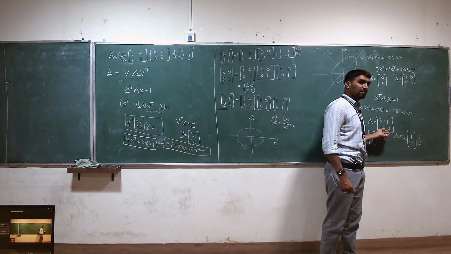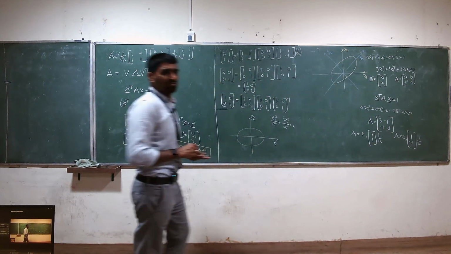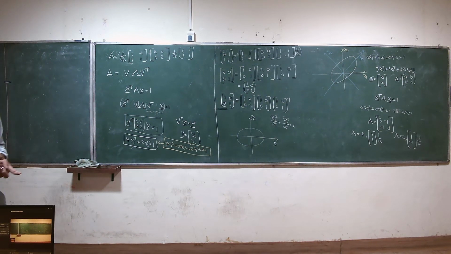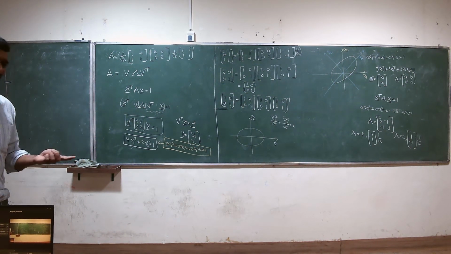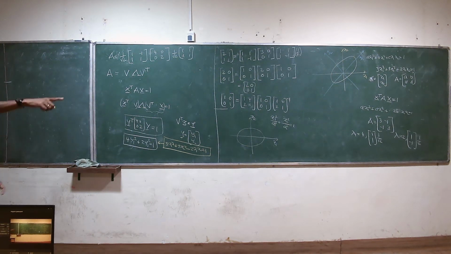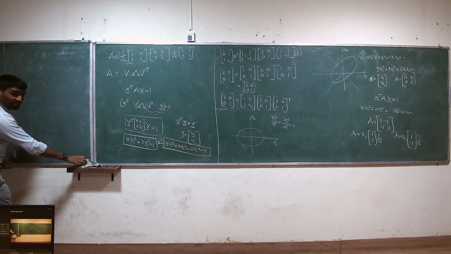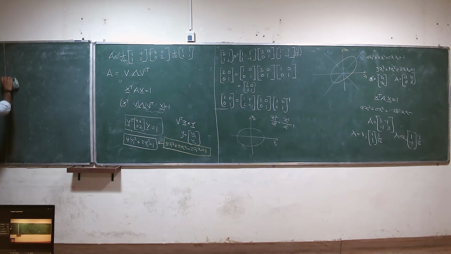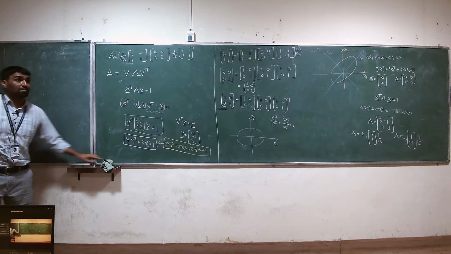What is a symmetric matrix? A transpose equals A. You can verify that A transpose is equal to A here. So when it comes to eigenvalue decomposition of matrices, symmetric matrices are very special.